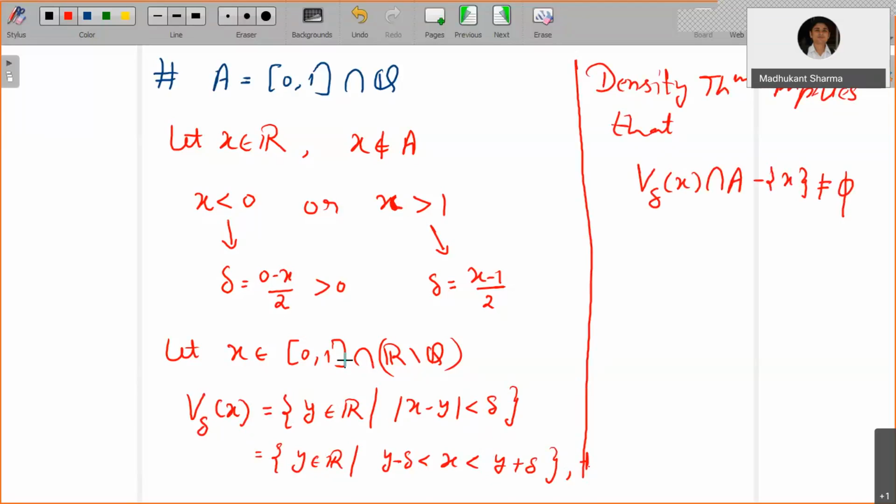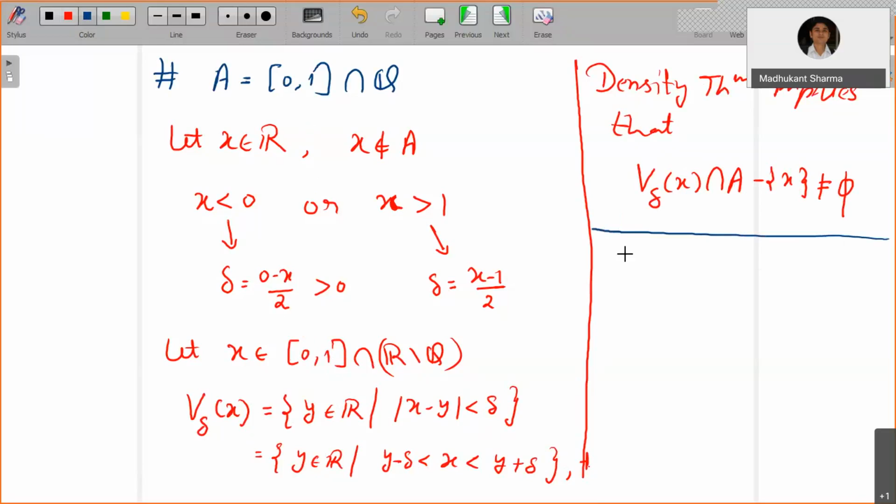So every irrational number which is part of the closed interval 0, 1 is going to be a cluster point of A.